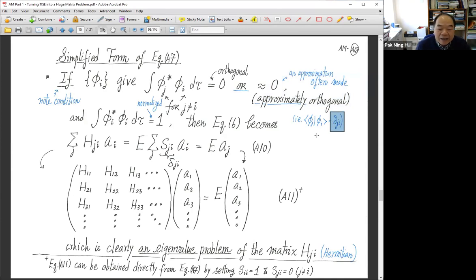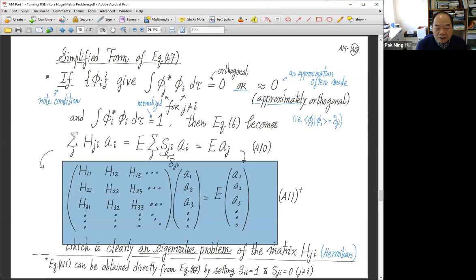Then you will see that this sum will pick up just the Aj, and the whole matrix problem becomes something like this, okay? The point is that all the off-diagonal, for example, H12 minus ES12 previously becomes H12 only, because S12 is 0.